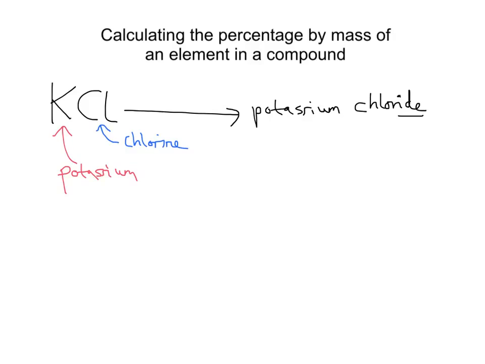Now let's say that we want to find out the percentage by mass of just the potassium in that compound of potassium chloride. Now, we know that each element has what's called the mass number. The mass number tells you the number of protons and neutrons that you find in an atom of that element.